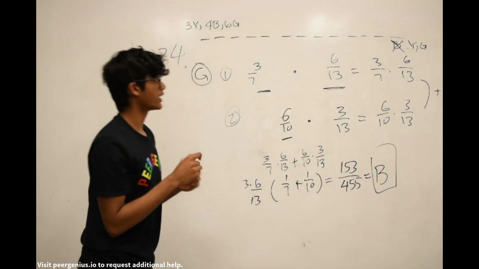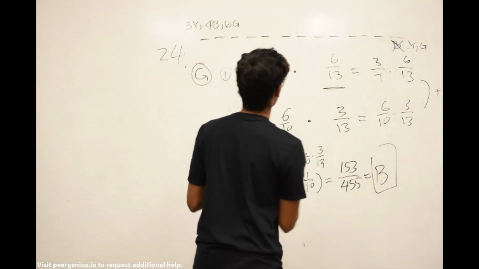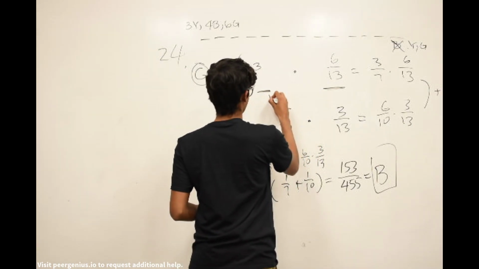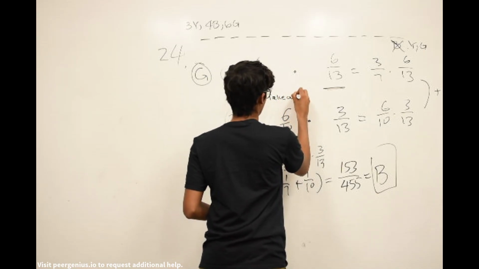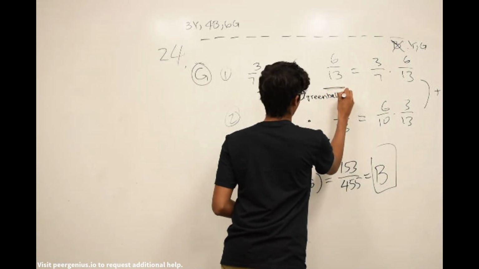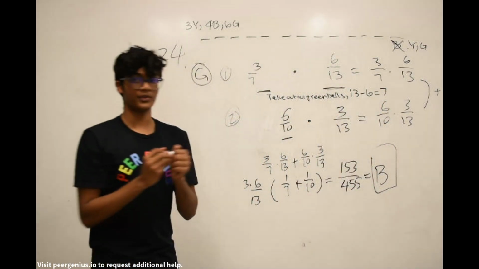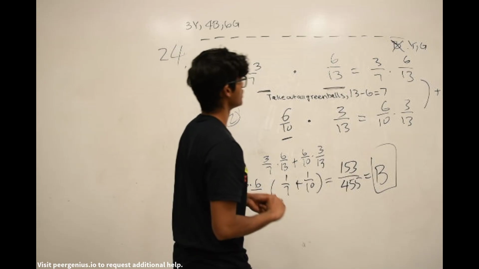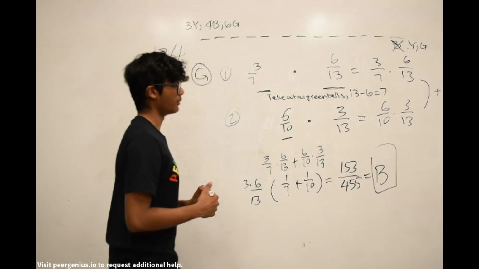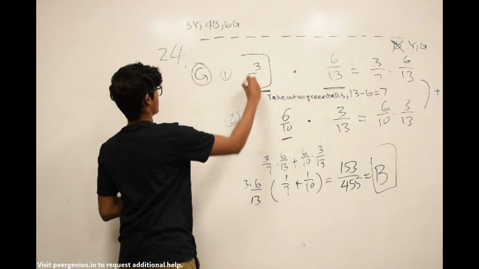Then if you take out all of the green balls, you're taking out 6 balls from the 13, so you're left with 13 minus 6 equals 7 balls. By the same argument, you want your yellow ball to be last, so you have 3 yellow balls, and the probability of the yellow ball being last is 3/7. That's why here it's 3/7.